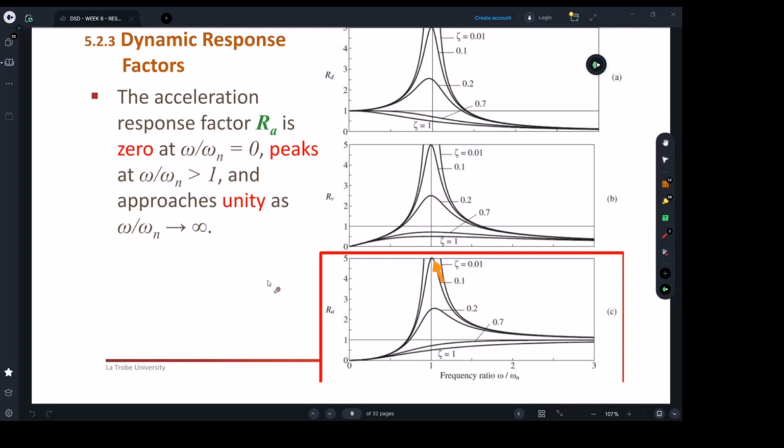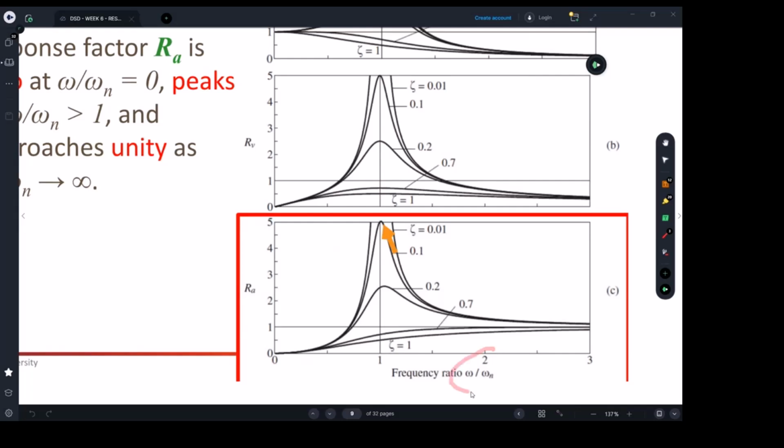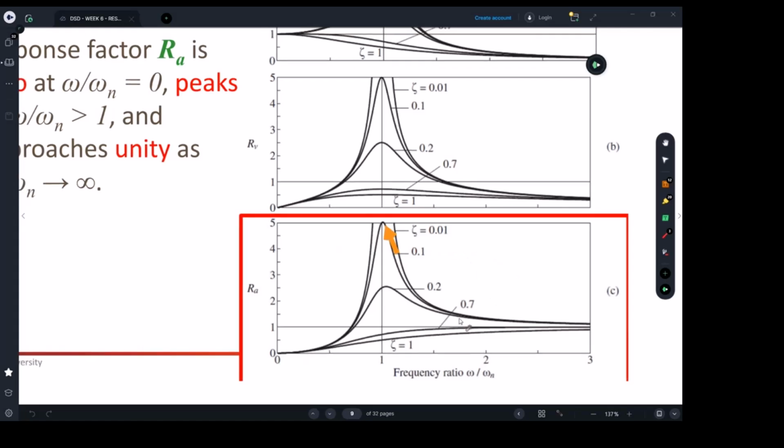So that's kind of the same concept. We don't have these applications in buildings, because earthquakes won't happen at such a very high frequency ratio. We're going to be somewhere within logical, sensible responses.